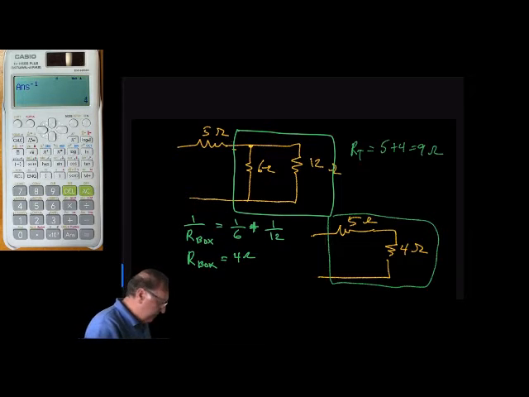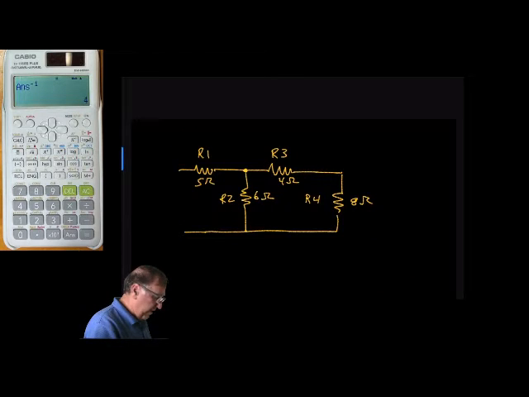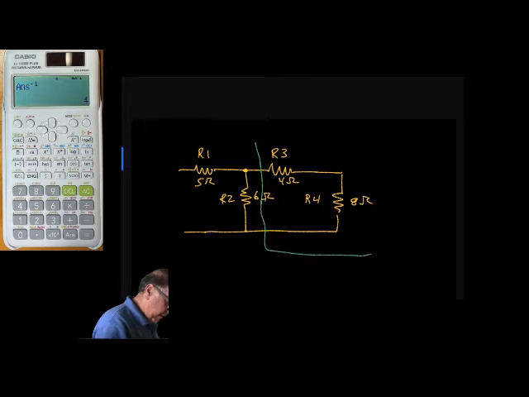So there's a second method to do this, and we can show you how that works. If we draw a box around these two resistors, we can just say that R equals 8 plus 4 equals 12 ohms.